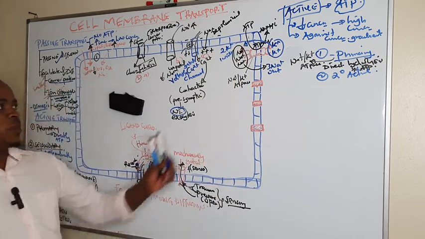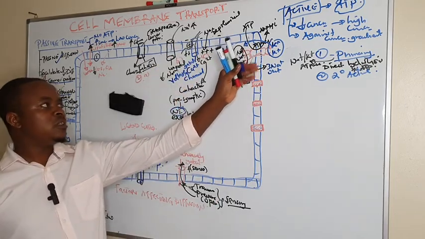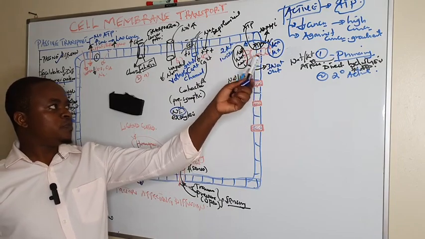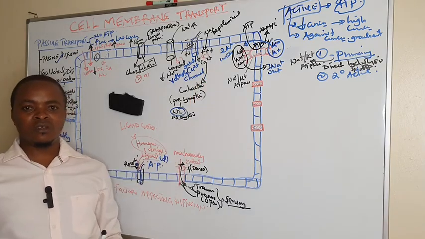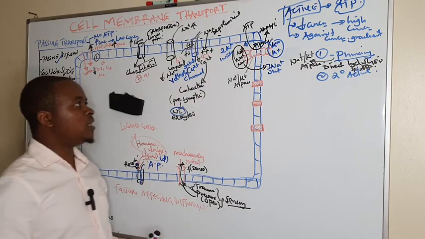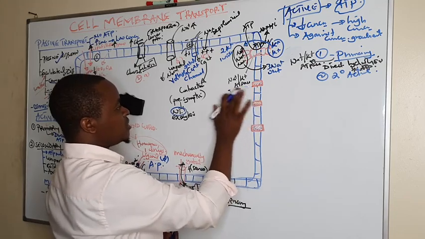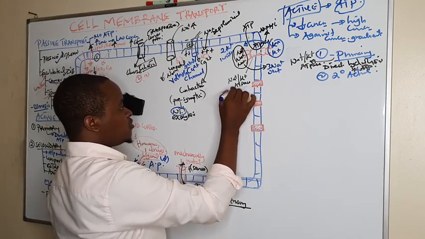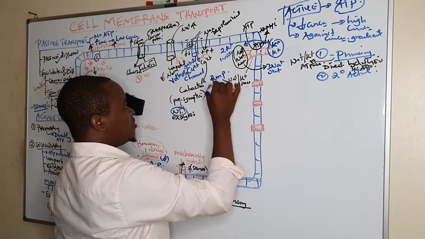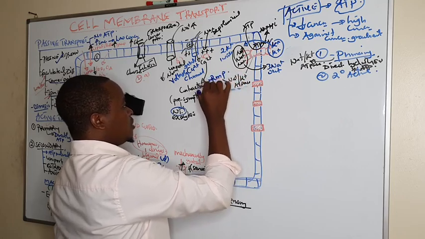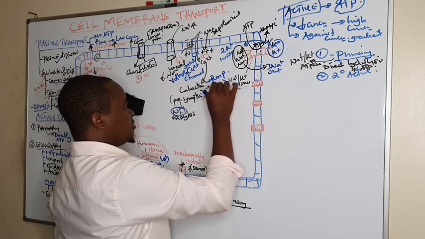This is the mechanism. So in the presence of ATP, energy spins this carrier protein to pump out 3 sodium ions and bring in 2 potassium ions. The significance of this pump, the sodium-potassium ATPase, is that it enables the maintenance of resting membrane potential, and it is also responsible for maintenance of body pH.